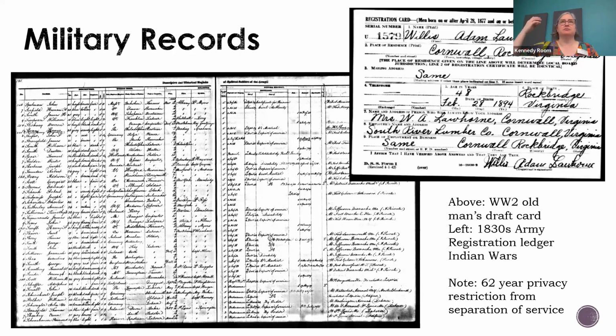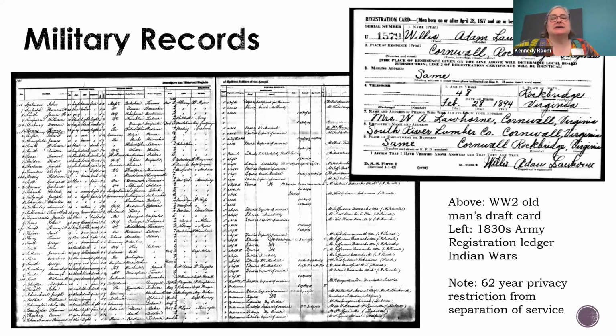There were 4 or 5 drafts for World War II. So it was people who qualified at certain ages, if they were 18, and then, hey, if you're too old for those, we need to verify that you're too old to be drafted, and then an additional one later in the war for those who had become 18 since.